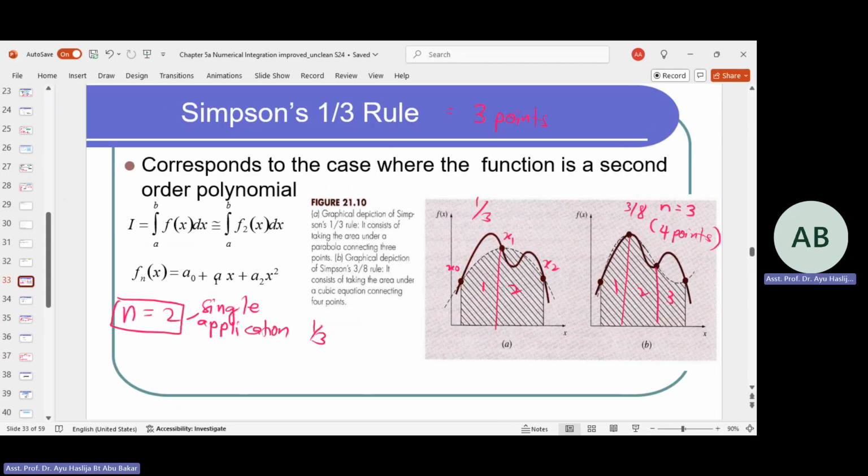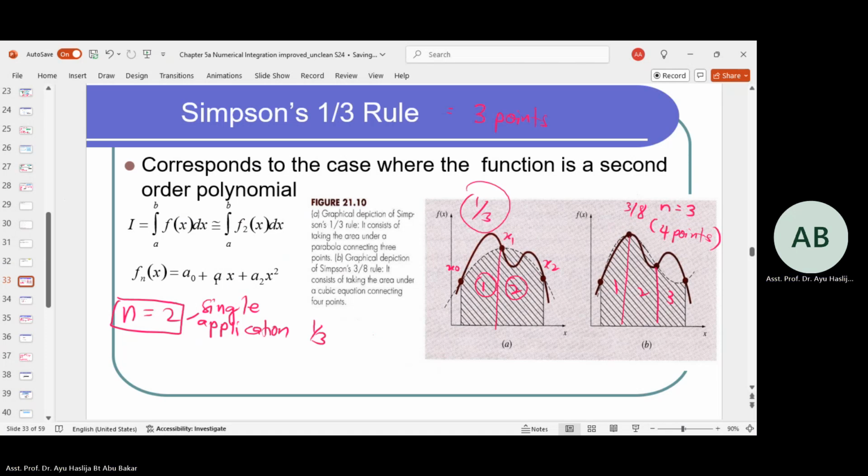Simpson's wants the minimum number of points that we need is 3. So when there are 3 points, you will have 2 segments, 2 sections. So that is the minimum single application. Like trapezoid, minimum application n equals 1.